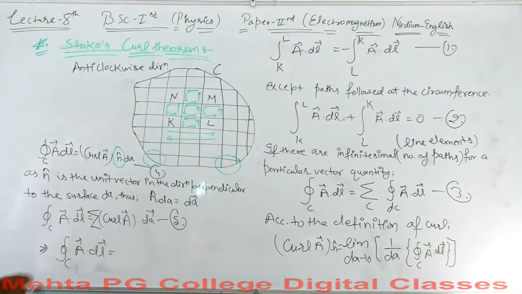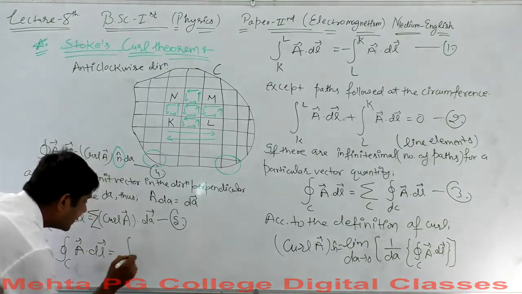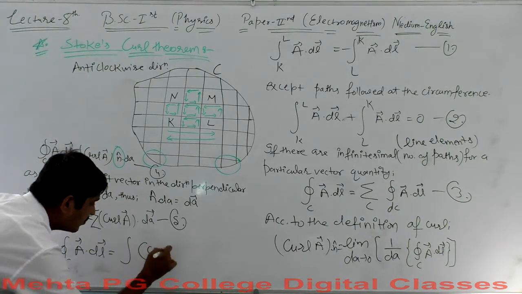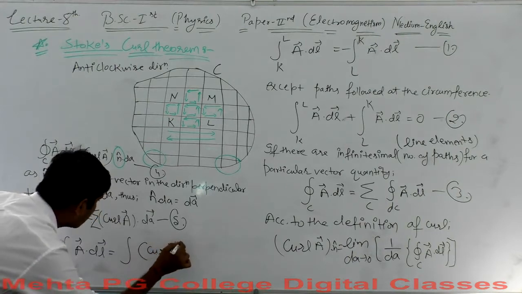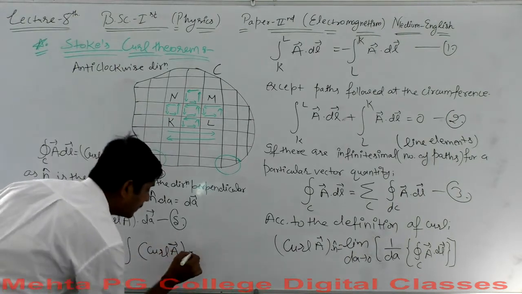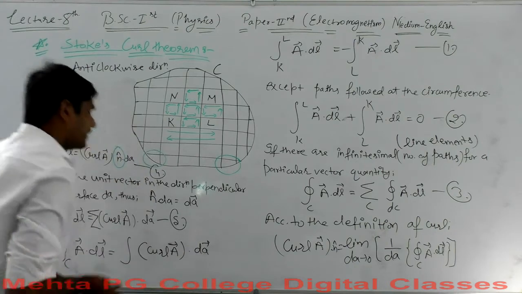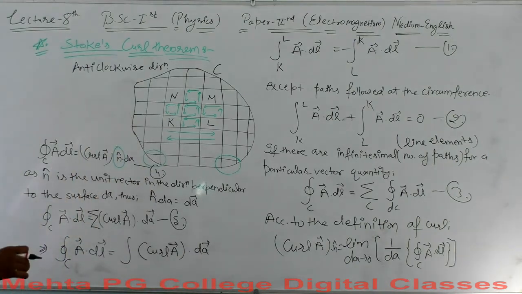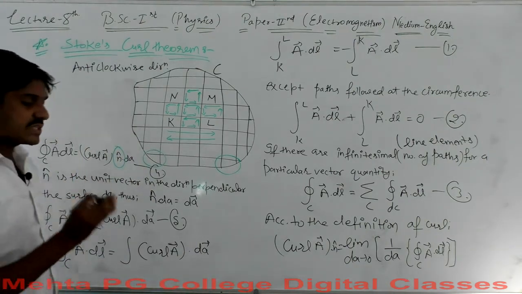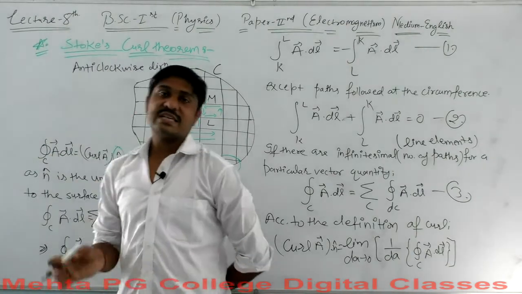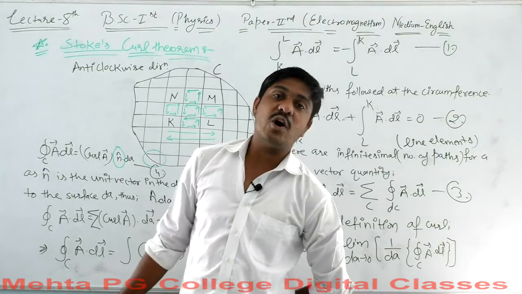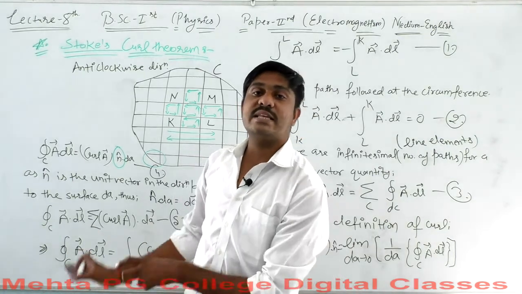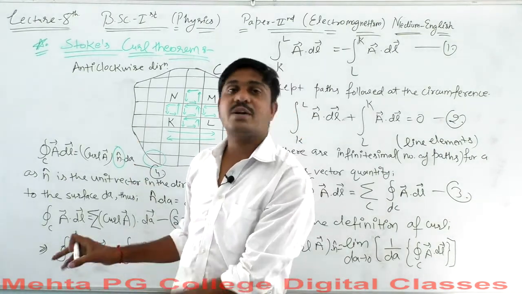Let's replace the summation symbol with integration: curl of A vector dot dA vector, and this is what the Stokes curl theorem states. This is the mathematical statement of Stokes curl theorem.